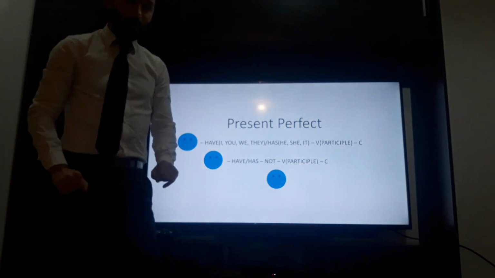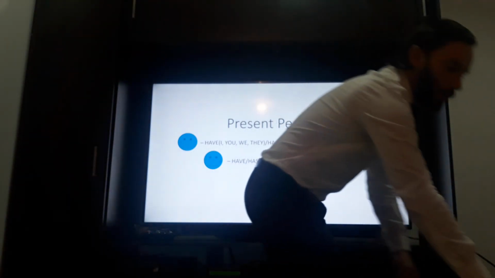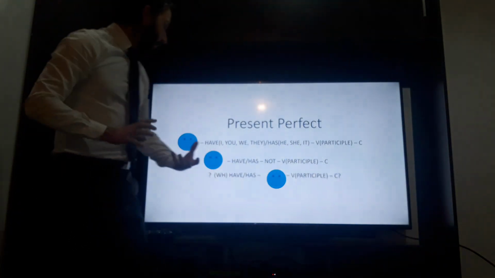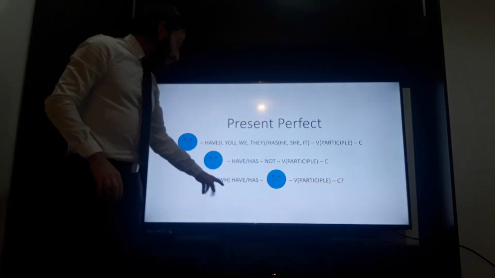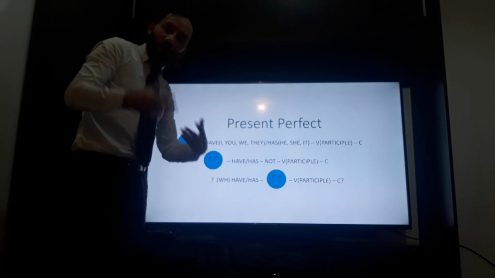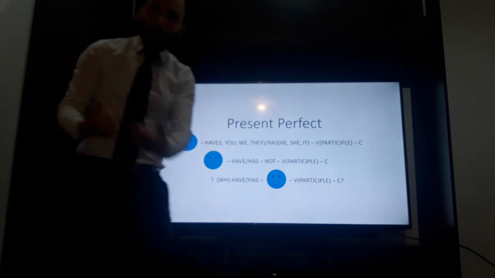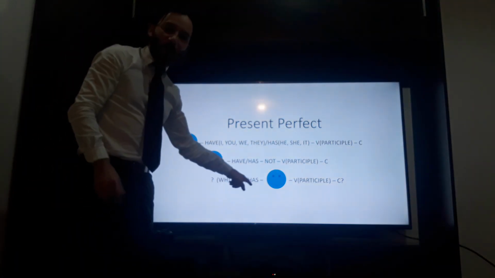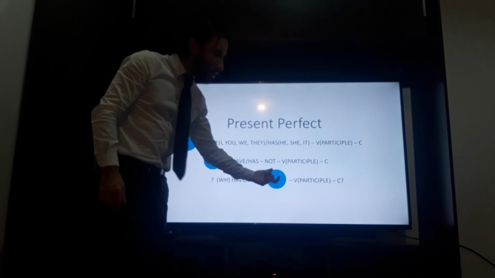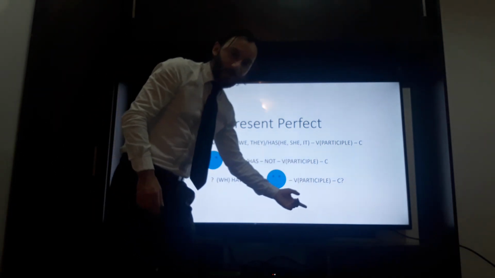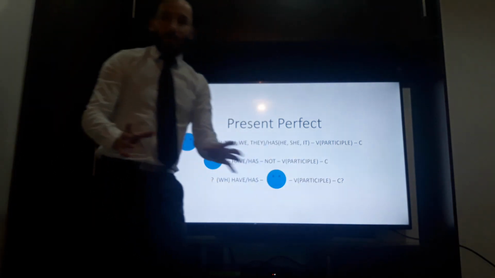And in interrogative, we have, as you know, if it's requested, a WH question. If it's not requested, it's different to work a WH question than the yes or no question. The yes or no question is as simple as this: auxiliary have or has plus the subject plus the main verb in past participle again plus the complement. Okay, so far those are the structures.